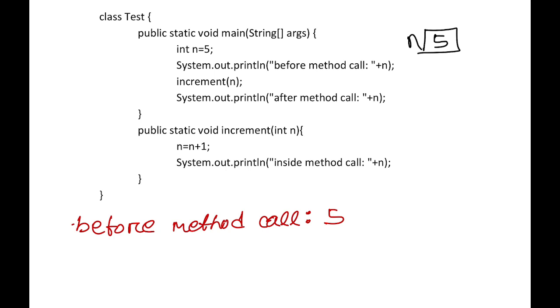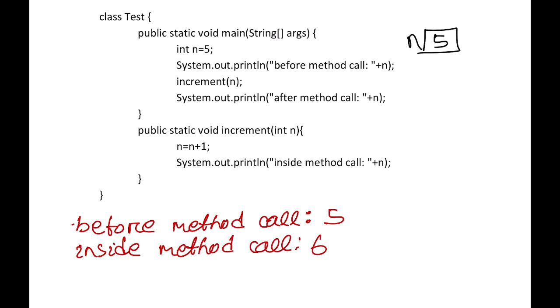So previously it was 5, now it becomes 6. Then the next line gets executed, "Inside method call" plus n. So it is going to display inside method call, means the value of n, that is equal to 6.